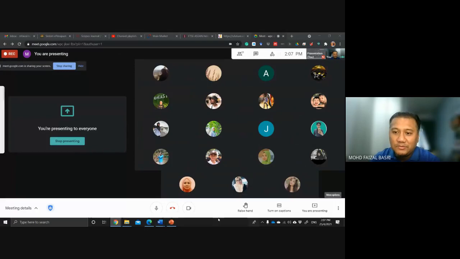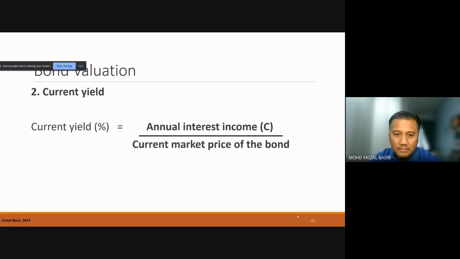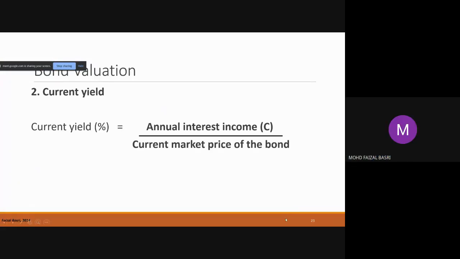Right, so the current yield, yeah. So this is our second valuation. It's quite straightforward to measure what will be the current interest return for the investor in the measurement of current yields.